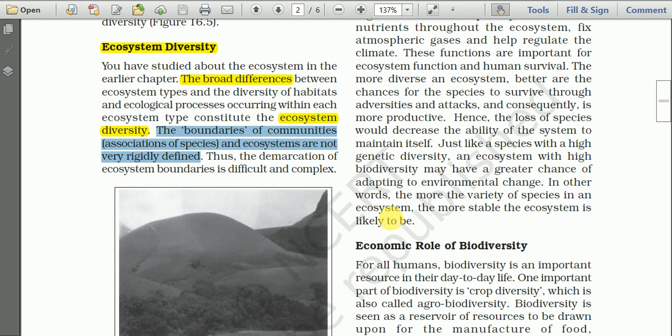Then we see in an area having forest and a grassland, you will find more varieties of ecosystems as compared to a region which is occupied only by the forest. That is the point mentioned here.